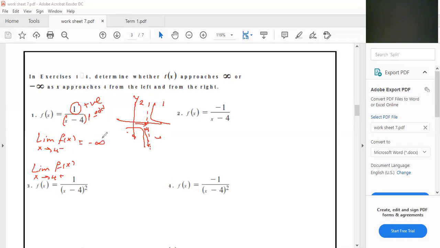As we approach 4 from the right, go with the curve. As you see, this curve goes up, or increases, without any bound. In this case, it means infinity. Infinity means the function increases without end. Negative infinity means the function decreases without end.